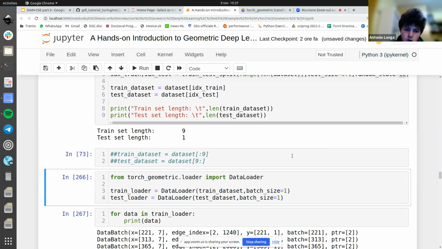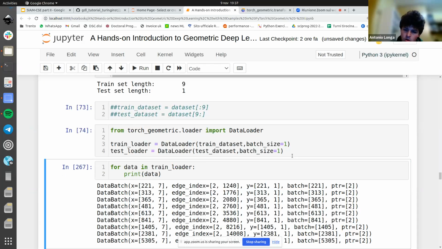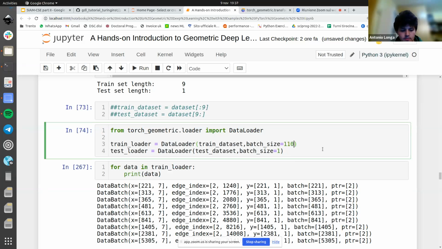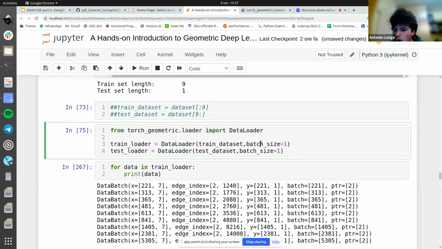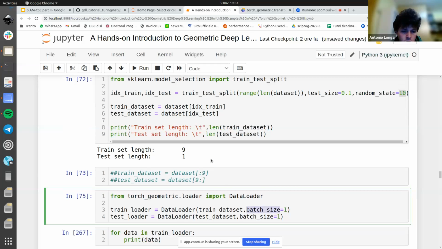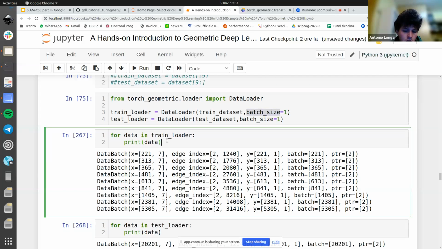Okay, once you have built it, we can build our data loader with a batch size of 1. The motivation for using a batch size equal to 1 is that those graphs are quite large, and we are using only 10 graphs in this example.